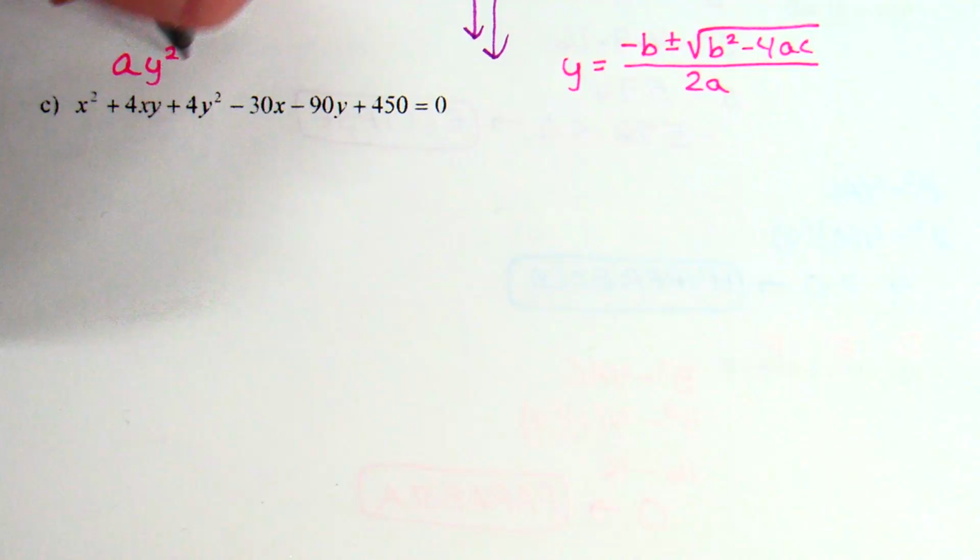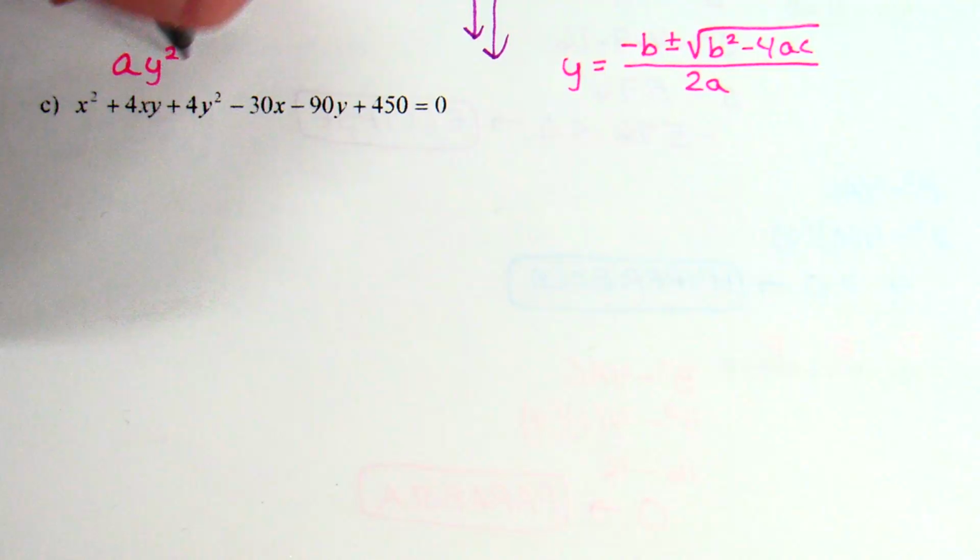So now I'm going to put plus, and we have an x squared minus 30x plus 450, and my equation equals 0. You see the three pieces. I may have made it fairly obvious, but we've got our y squareds, our y's, our non-y's.